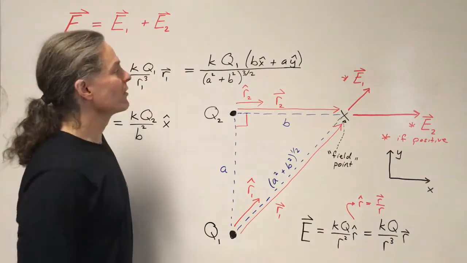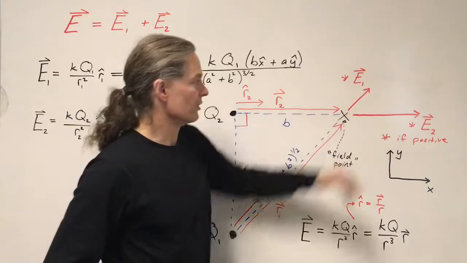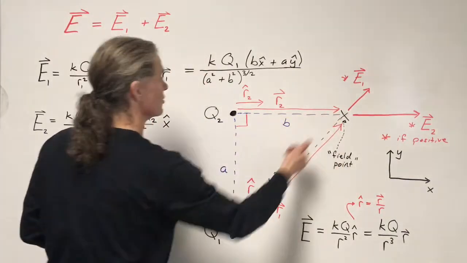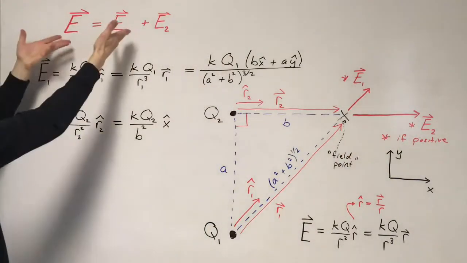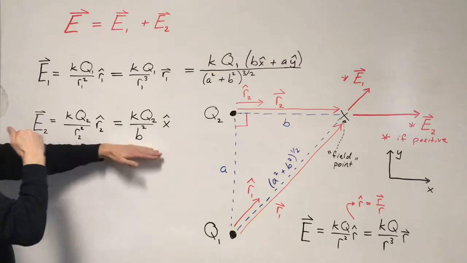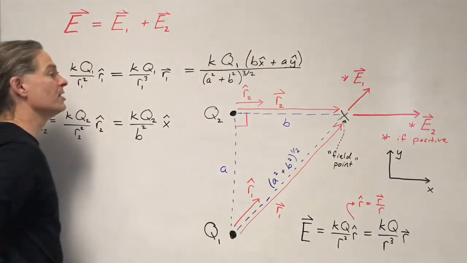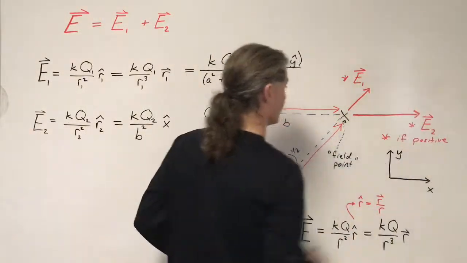All right, so having found the electric field 1, electric field 2, we could find the net electric field at this location just by summing up these two vectors. That is, algebraically, we can put this and this, and that'll be our total electric field. I'll write that down in a moment. But first, I'm going to note that we can also do this graphically.